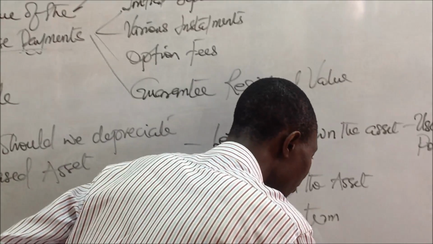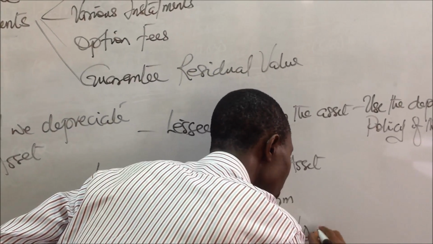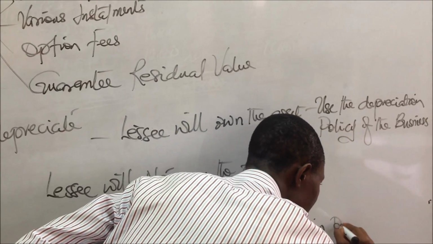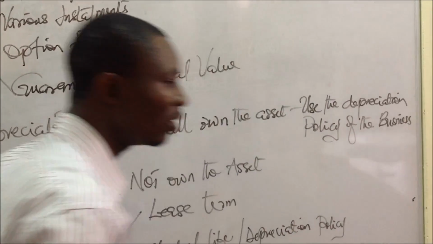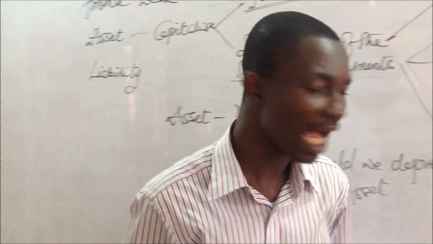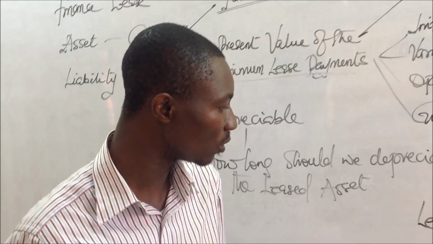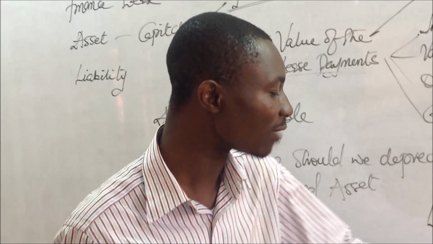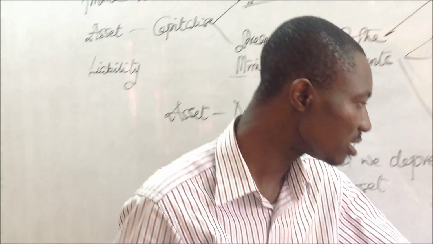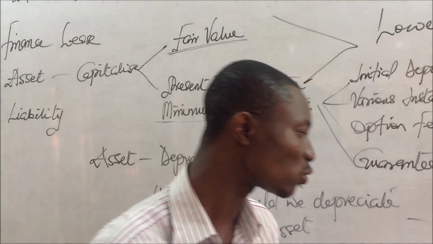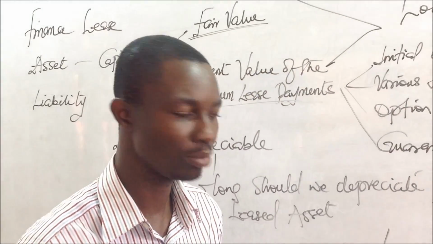And the useful life of the asset is what brings about the depreciation policy for the business. So where the lessee will not own the asset at the end of the lease term, then we use the shorter of the lease term or the useful life of the asset, which is also referred to as the depreciation policy of the company.